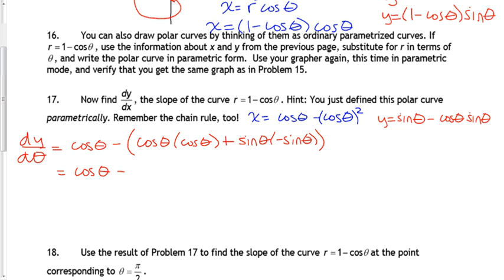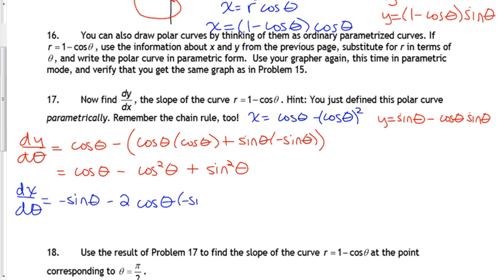So we have negative cosine squared theta, and then we have a positive sine squared theta. As much as I wanted that to become a 1, it doesn't. We'll do the same thing with our x. So dx d theta is going to be negative sine theta minus 2 cosine theta times negative sine theta. And I don't know if there's really anything we can do about that.